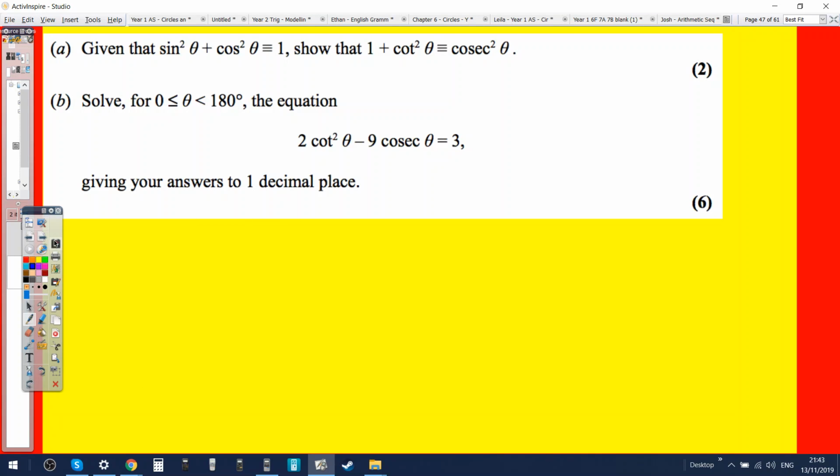This is what an exam question looks like. Do you want to do it? All right. Well done.